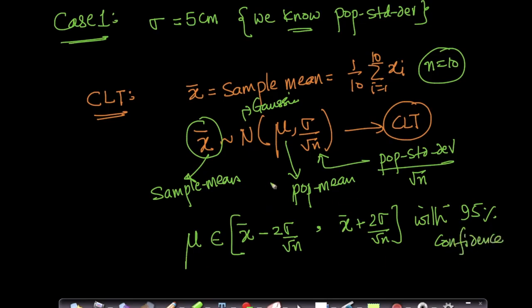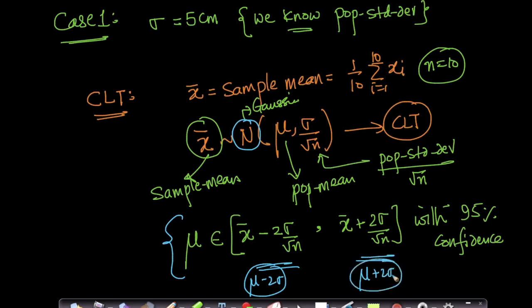This is exactly what we saw earlier. If I know the distribution of a random variable, especially if it's a normal variate, I can tell the 95% confidence interval trivially. What I'm doing here is basically mu minus 2 sigma and mu plus 2 sigma of this random variable.